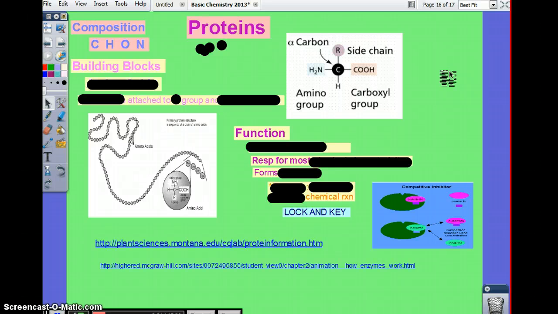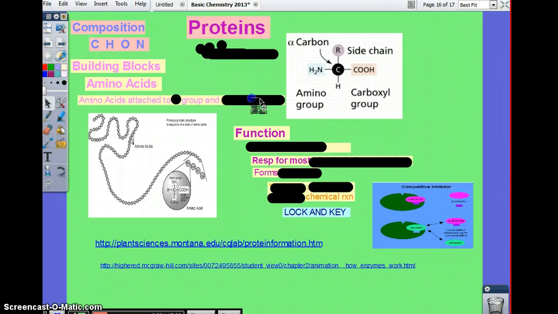What are the building blocks? Look at my little picture and it'll kind of remind you. What's the building block of protein? Amino acids, good. Now, every amino acid is attached to what? Look at the picture again. I'll make it bigger.